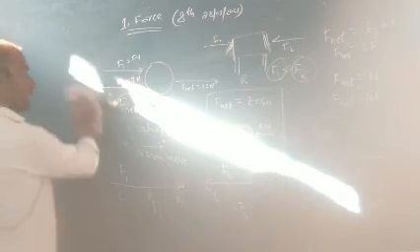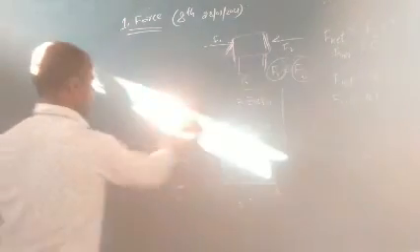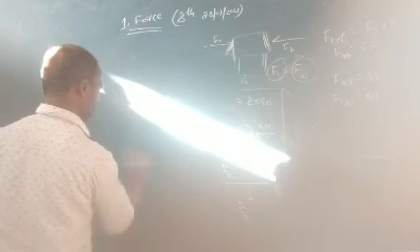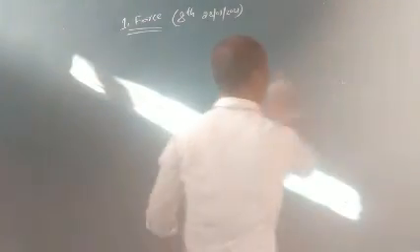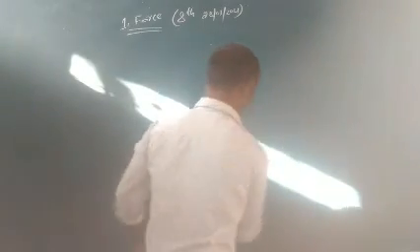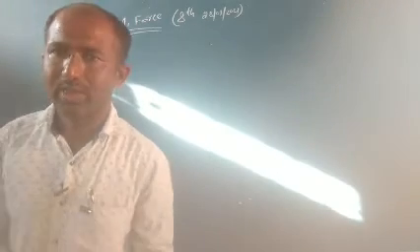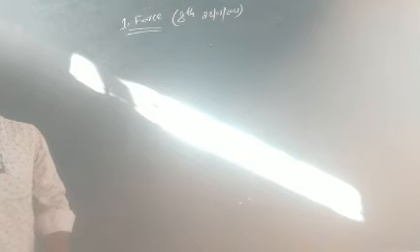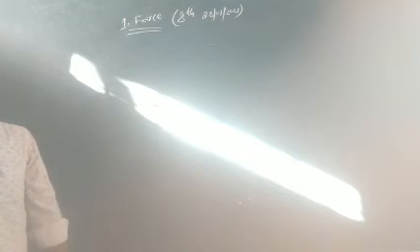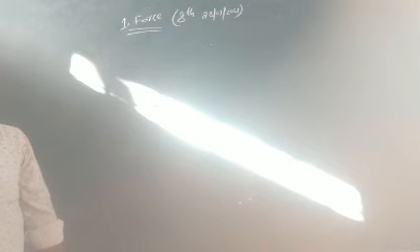What is a free body diagram? It is very important. A diagram showing all the forces acting on an object at a particular instant is called a free body diagram.